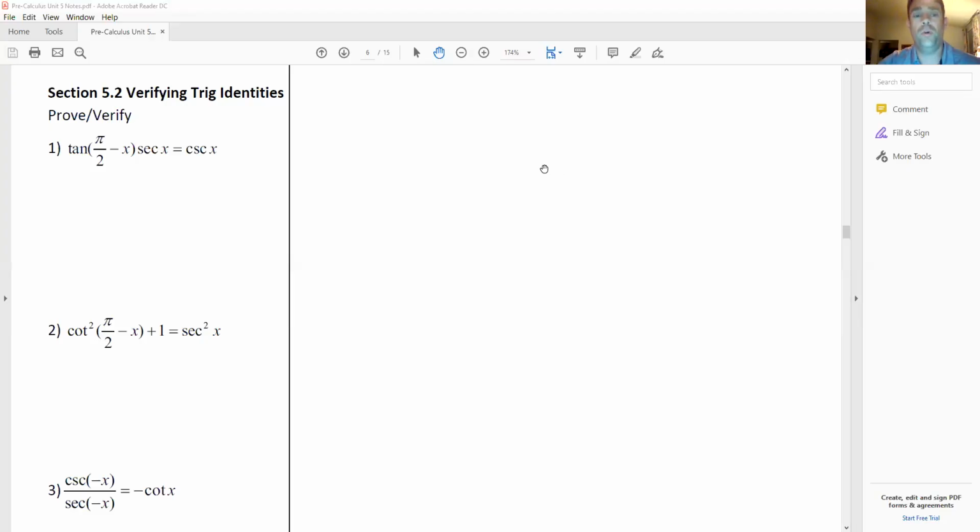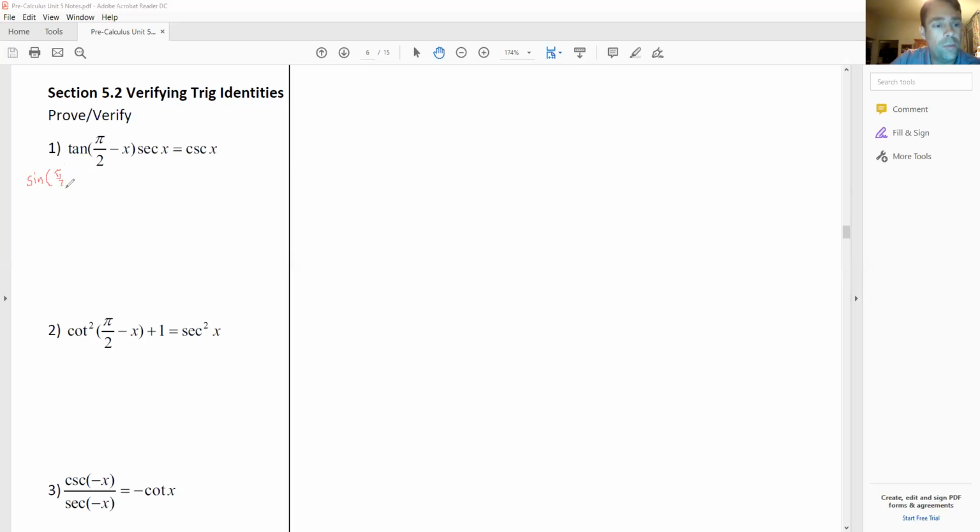We're going to go to our notes and continue on this way. The first part of what we're going to do here is start adding a couple of these that deal with our complementary identities. So let's remember what those complementary identities were. First of all, we had sine of pi over 2 minus x, or minus theta.